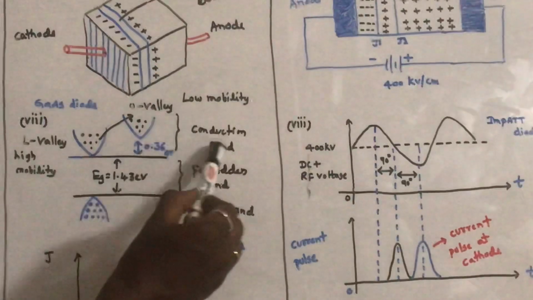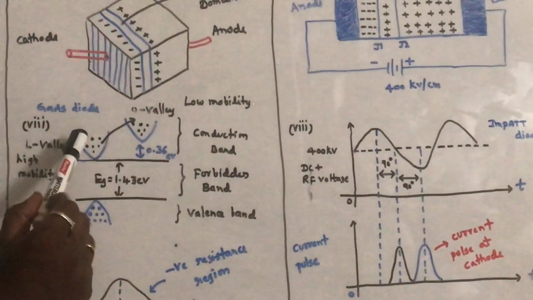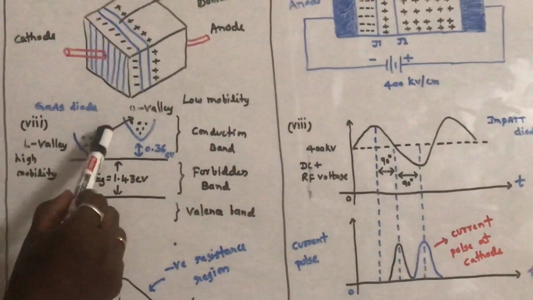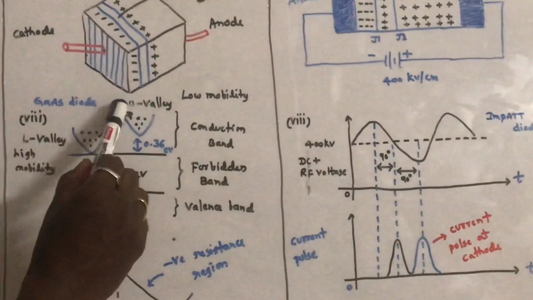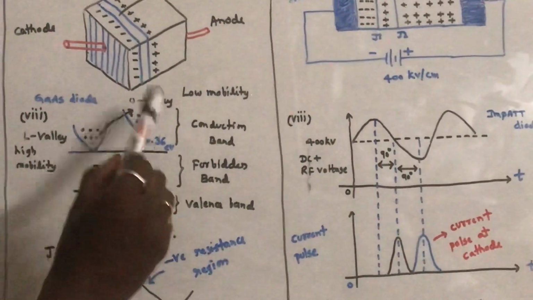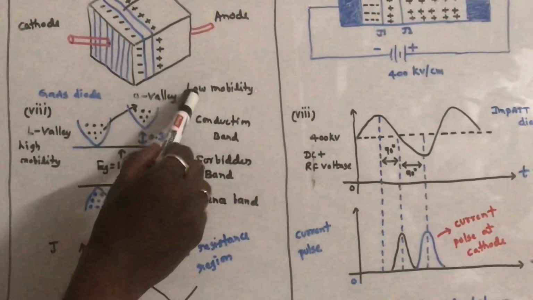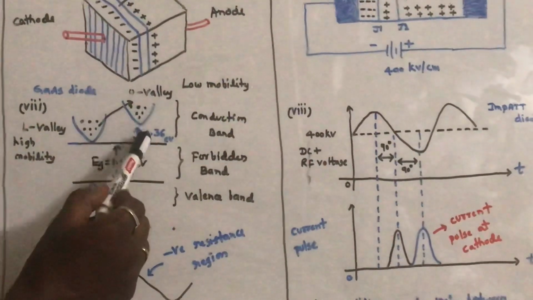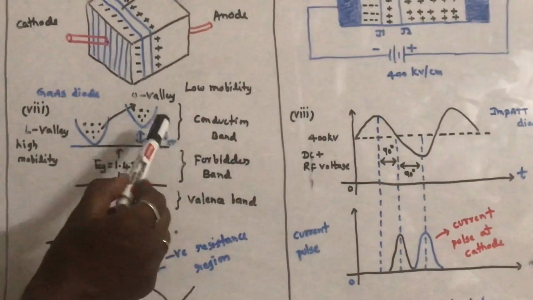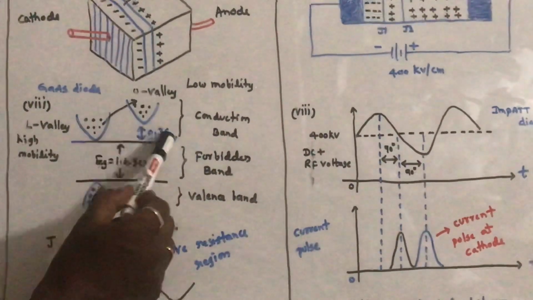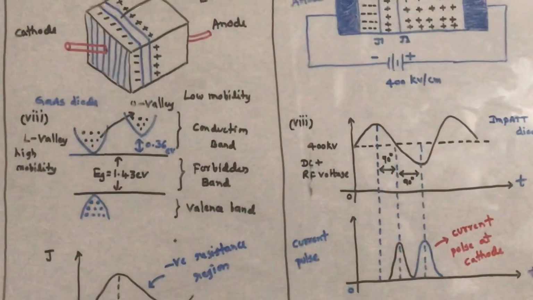The conduction band consists of two valleys, as explained earlier: the lower valley, where electrons have very high mobility, and the upper valley, where the mobility of electrons is very low. The energy between the upper valley and the lower valley is 0.36 electron volts.